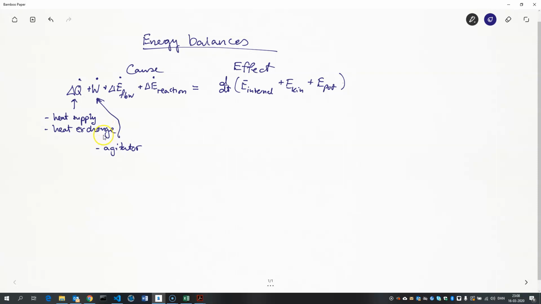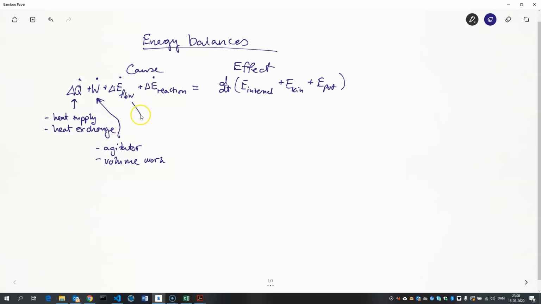Then it might be something worth taking account of. Also, volume work. If our liquid expands, maybe because it's heated, then that does work to its surroundings. But again, it's not really an important contribution.